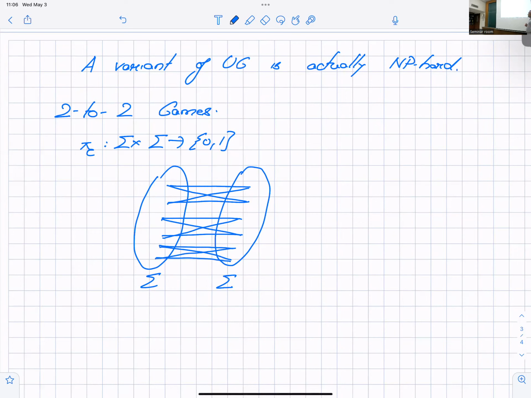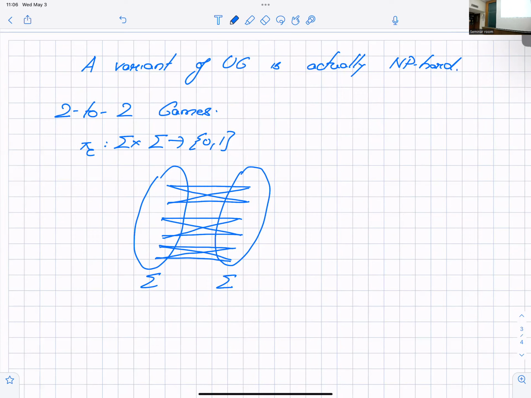The graph is like one of these cycles. Strictly speaking, it's a bunch of cycles. In fact, the specific examples for which they prove NP-hardness are a bunch of 4 cycles.